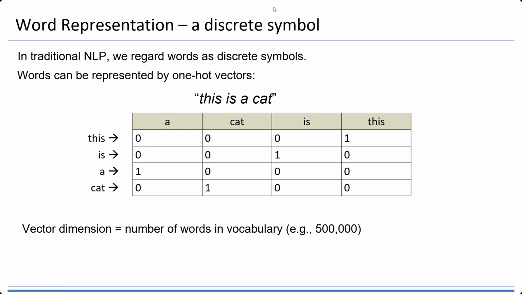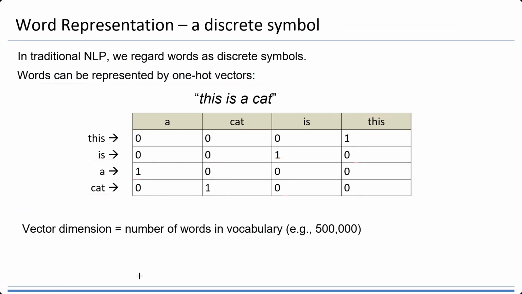We can use numbers to indicate that a word exists. So we already know the one-hot vector: this is a cat, so we can make it like this, this is 1 and the other is 0, and then for cat, this is 0, 1, 0, 0.